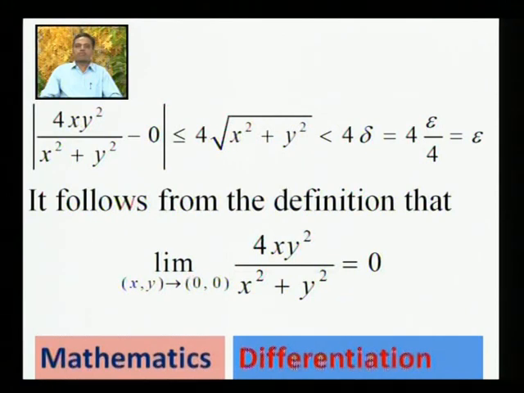Now you put the value of delta, that is epsilon by 4, then the 4 will be cancelled out, so you will get epsilon. So we started from epsilon and we got delta depending on epsilon, because the value of delta is nothing but epsilon by 4. If you change the epsilon, delta will be changed.